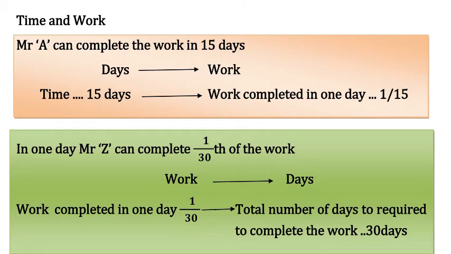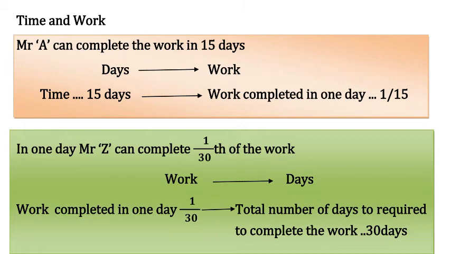Whenever the days are converted to work, we take the reciprocal. That is the logic and the trick behind time and work problems. You can understand this with a simple concept also. If A can complete the given work in 15 days, then the portion of work he completes in one day is nothing but 1/15.